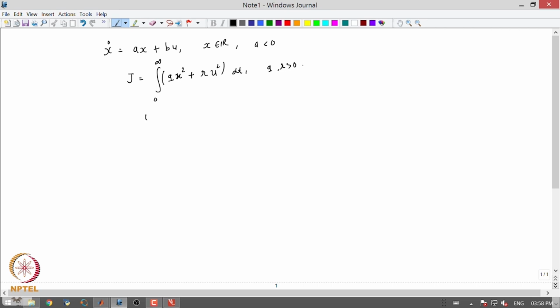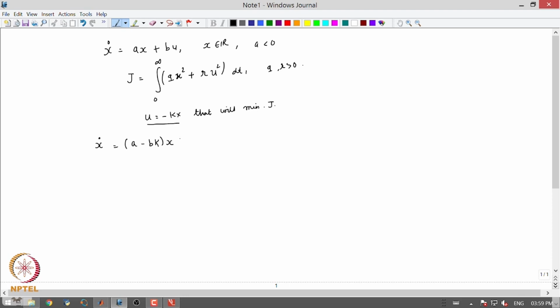Okay. So we need to find an optimal control law that will minimize this J. Say some control law of the form u equal to minus kx that will minimize the J. Okay. Now, let's do first step by step and then relate to the general theory that we have derived earlier. So with the application of this control law, x dot will be a minus bk times x.